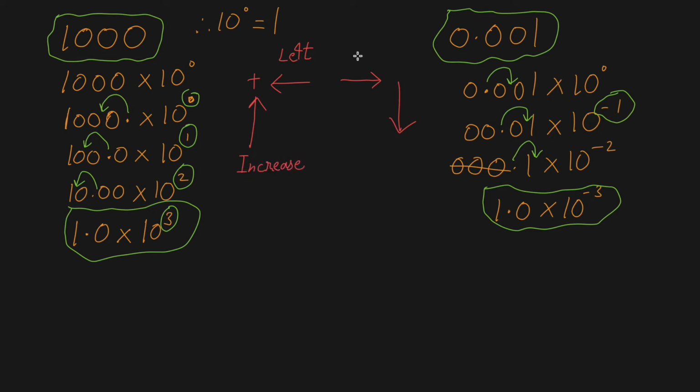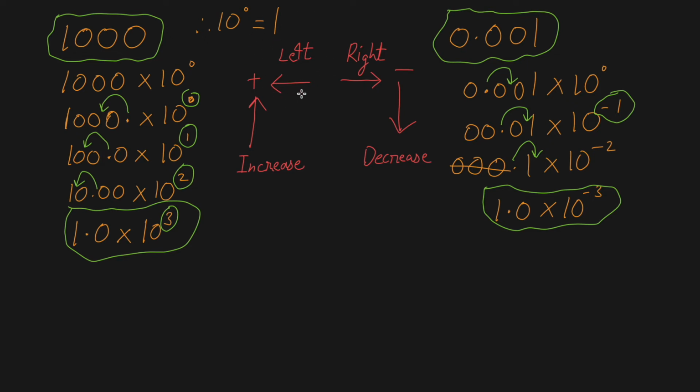While on the right side of this example, you can see as I move the decimal point to the right, the exponent of 10 decreases. You may have the negative sign, decrease.